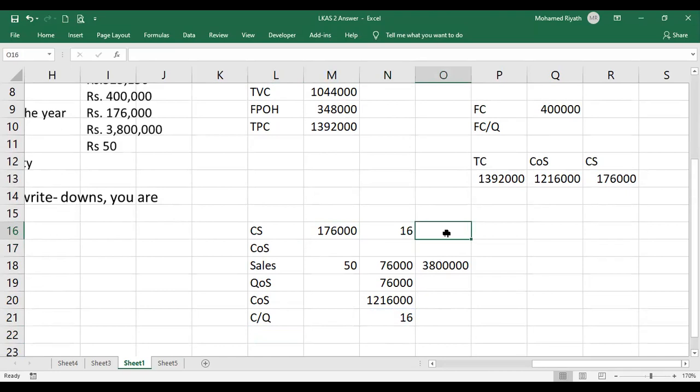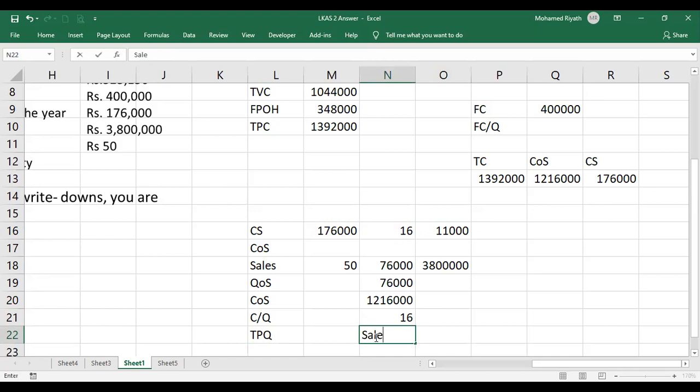Then number of units: closing stock value divided by the cost. How many units? 11,000.